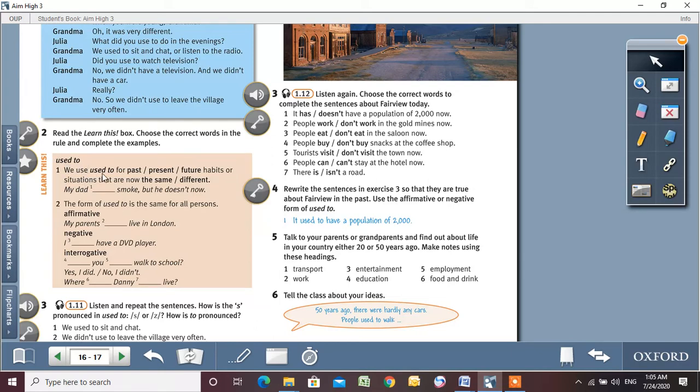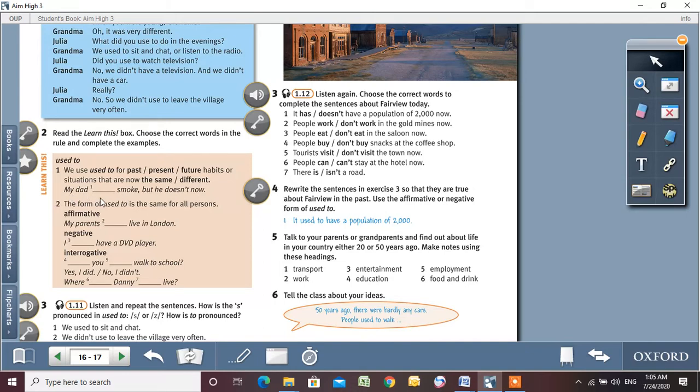We use used to for past habits or situations, because we cannot use it with other tenses, that are now different because they no longer exist in the present.